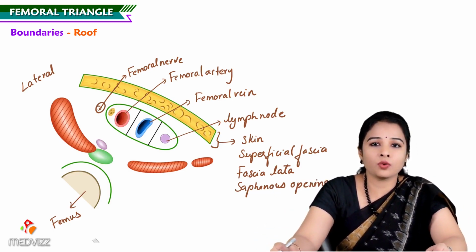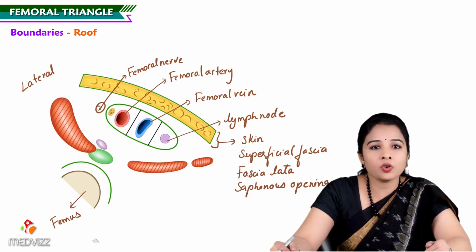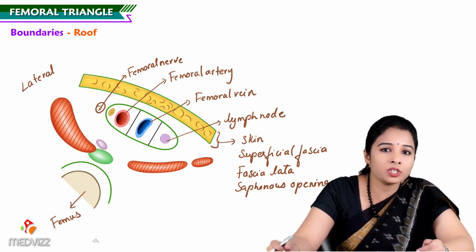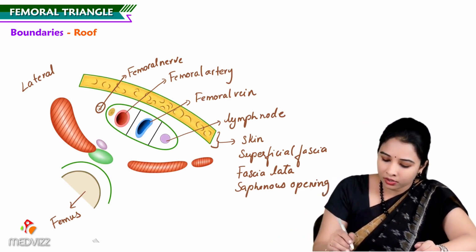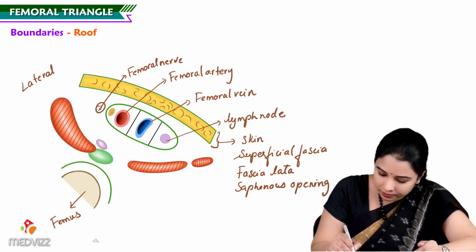Then the superficial fascia over the roof contains the superficial branches of the femoral artery.